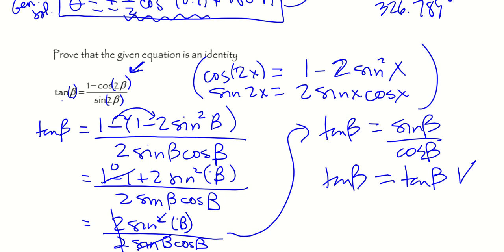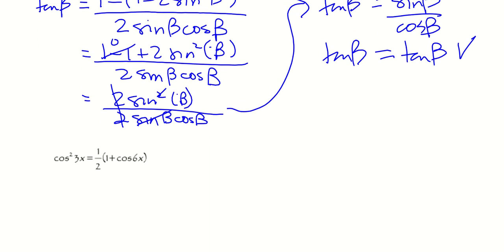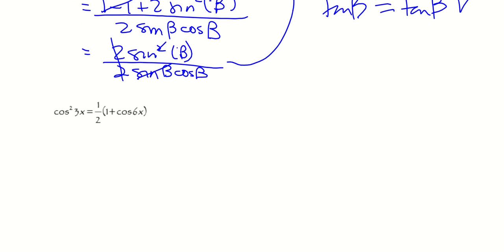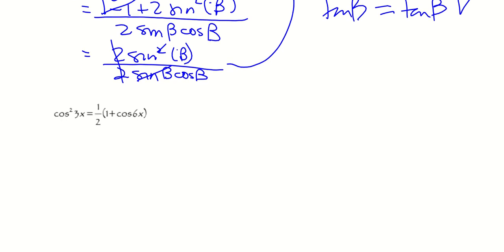All right, one more: the cosine squared of 3x equals 1/2 of 1 plus the cosine of 6x. What I want you to notice is that we've got cosine on both sides. On one side I have 6x, on the other I have 3x. And isn't this argument twice that one?